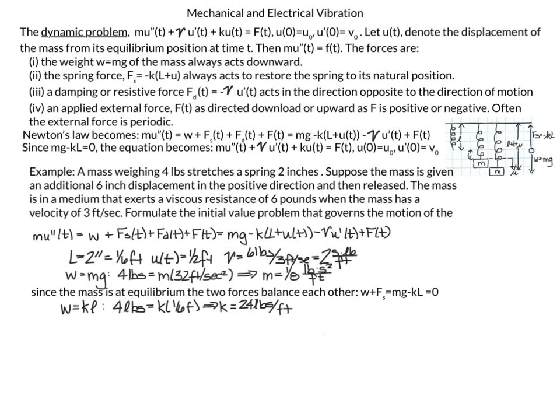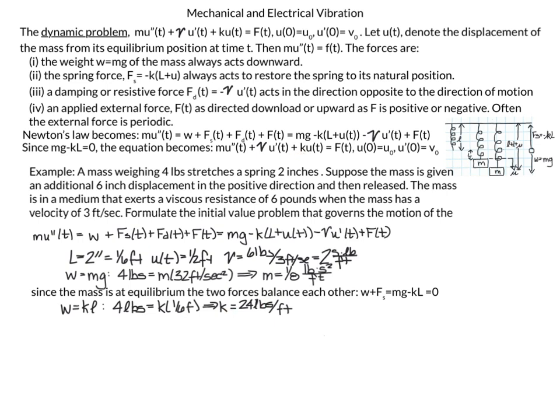When the mass is at equilibrium, before we give it that extra 6-inch displacement, the two forces balance each other out, the two forces being the weight and the spring force. So the weight is 4 pounds, the spring force is k times the displacement that the mass gives it, which is 2 inches or 1/6 of a foot.